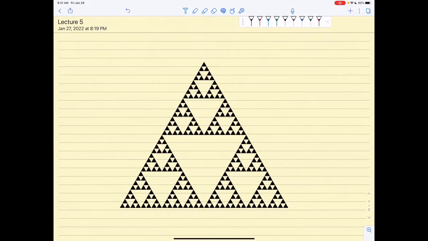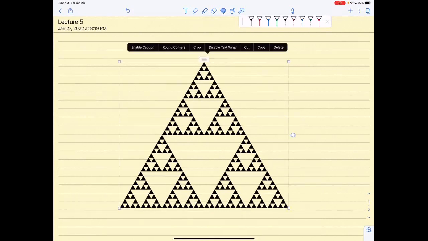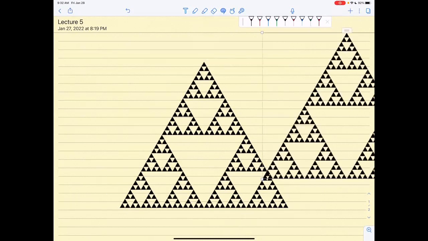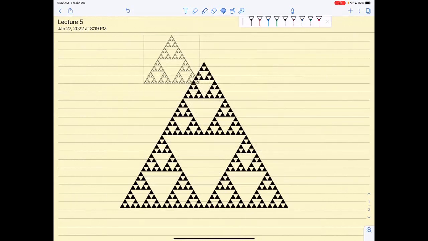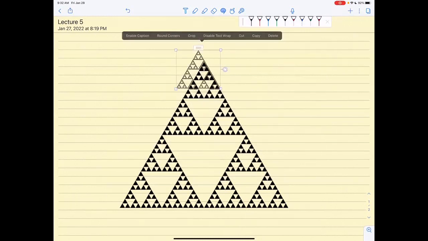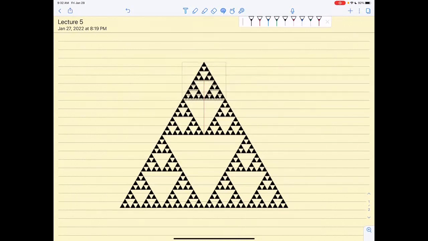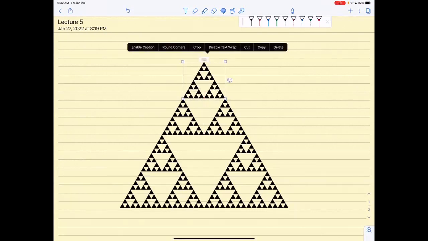This is the Sierpinski triangle, which is a fractal in nature, which means, I'll tell you what a fractal means. If I take this guy and shrink it just right, I can overlay it on top of the previous one and I'll get exactly what I had.